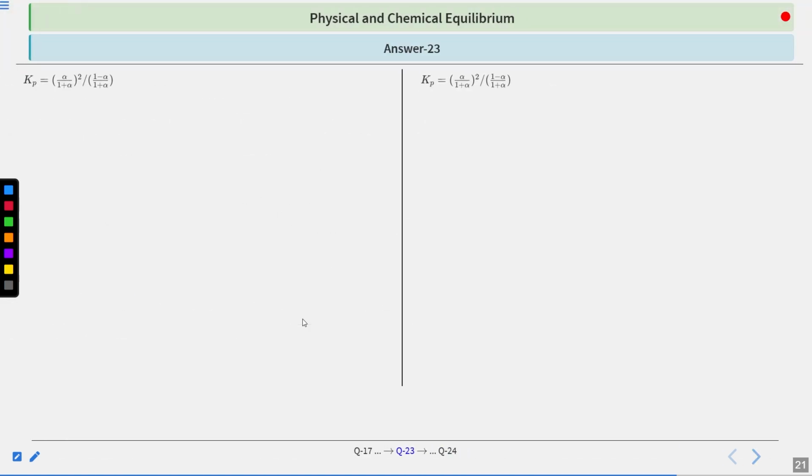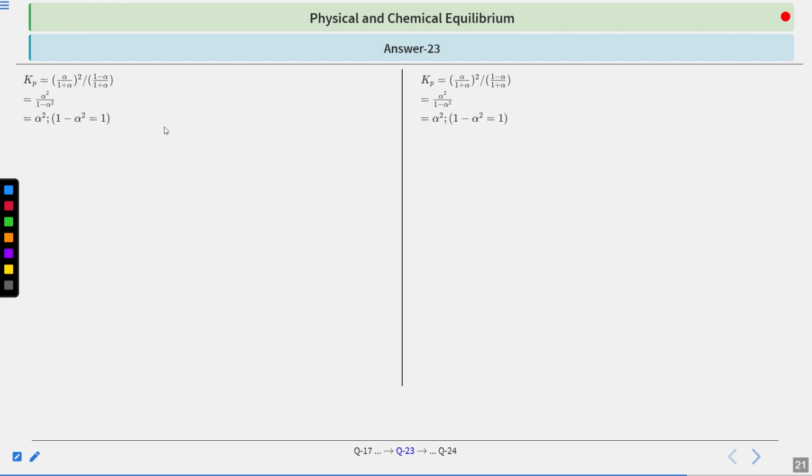Now further, Kp can be written as alpha by 1 plus alpha, whole square, divided by 1 minus alpha by 1 plus alpha. So we have put all the values. That will give you alpha square by 1 minus alpha square. If you just see this, it was earlier said that (1 minus alpha) square can be approximated to 1.